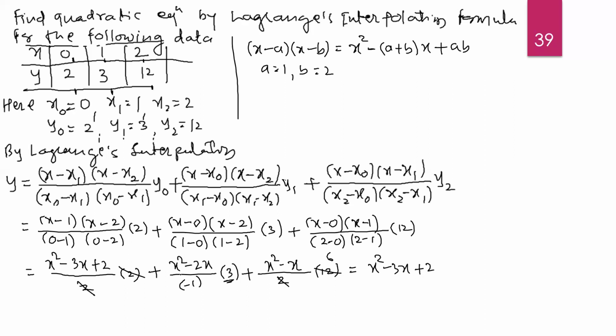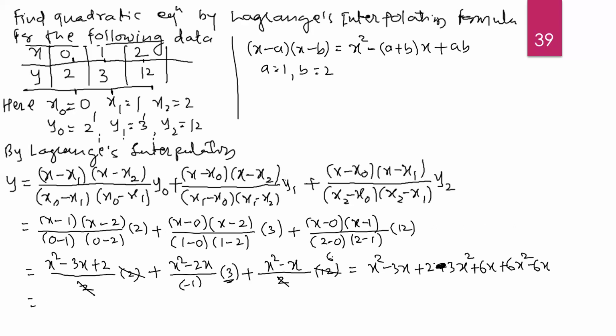Now here 3 is multiplied, plus 3x square minus 6x. Now here 6 is remaining. Sorry, this is the minus and this is the plus, and 6 is multiplied here, 6x square minus 6x.